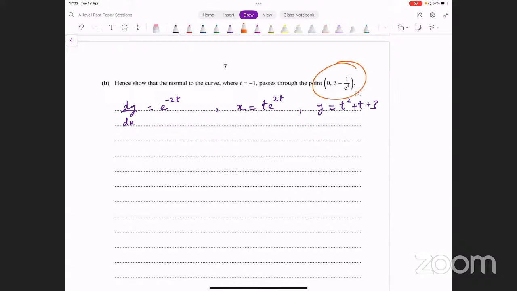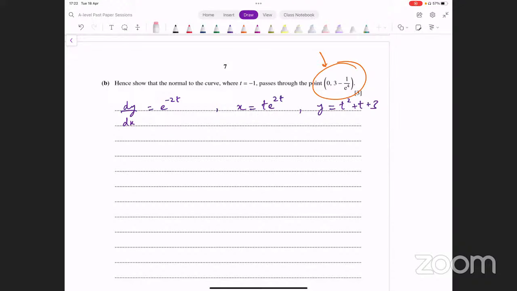Now, how do we show that a normal, remember एक straight line होती है, straight line एक point से pass कर रही है. कैसे show करें? हम उस straight line की equation निकाल सकते हैं. उस equation में अगर ये point input कर दें तो वो उस equation को satisfy करना चाहिए, and that would prove that the normal passes through this point.